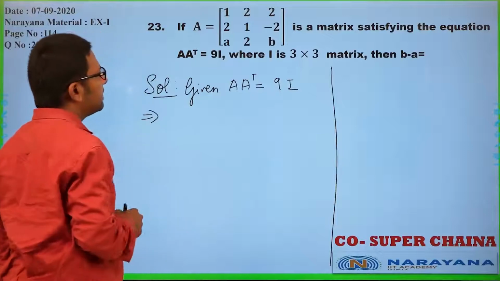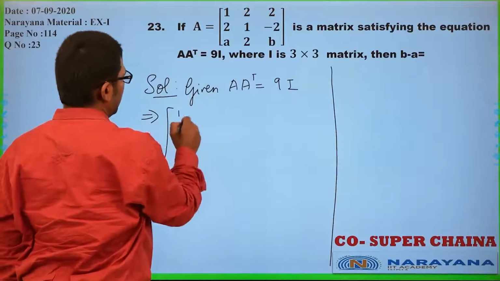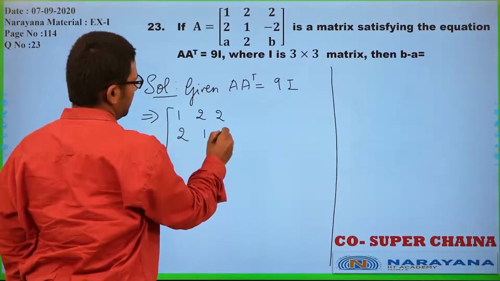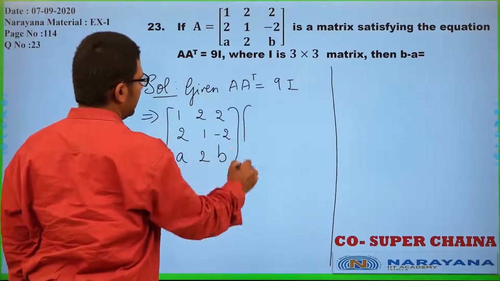Which means, write that down, [1, 2, 2; 2, 1, -2; a, 2, b] into A transpose.